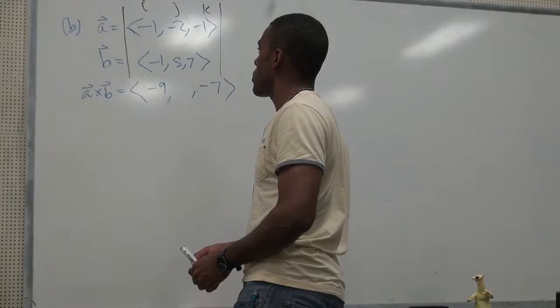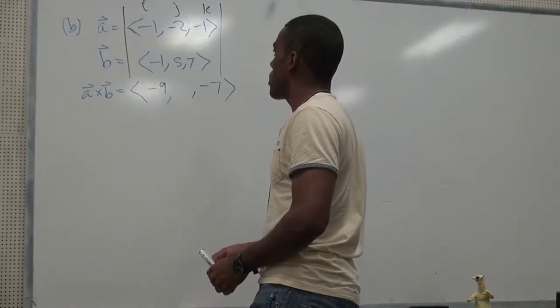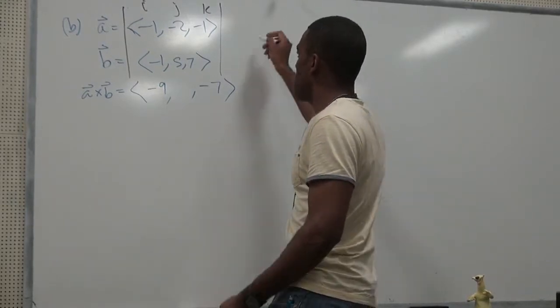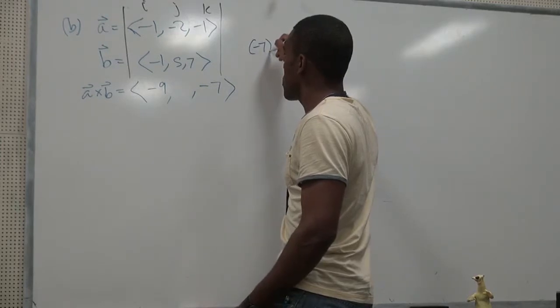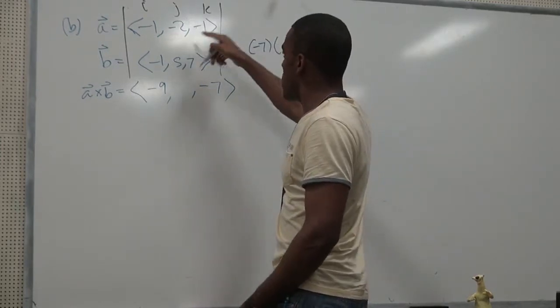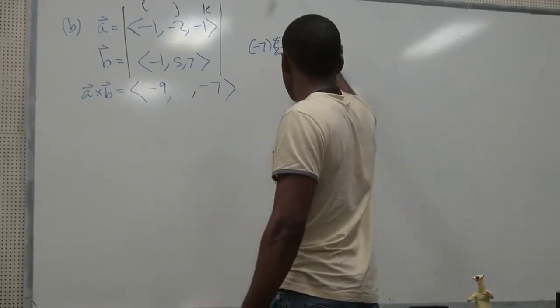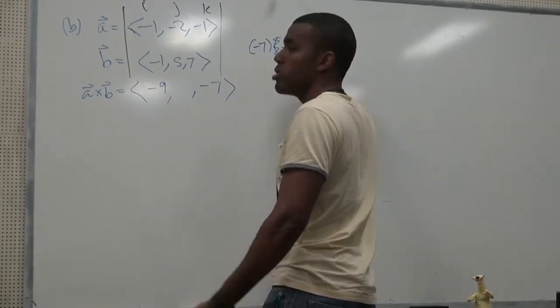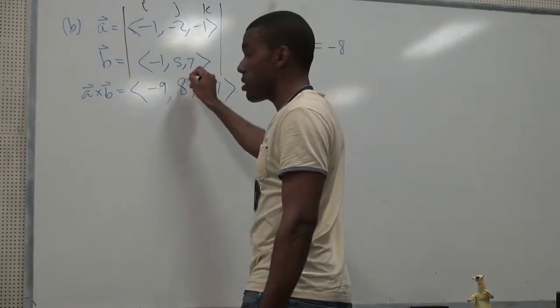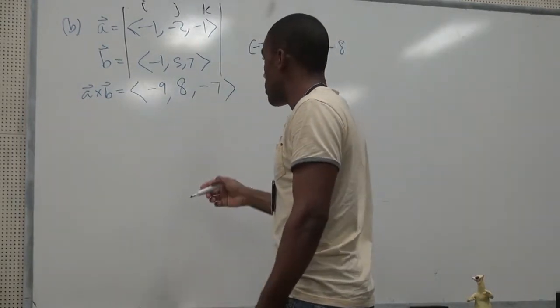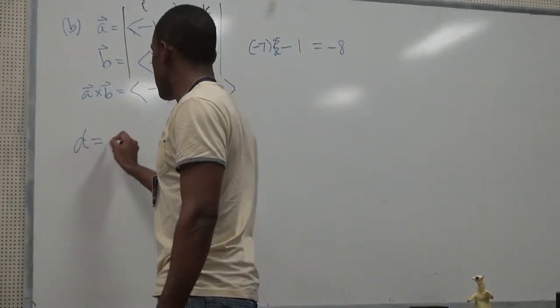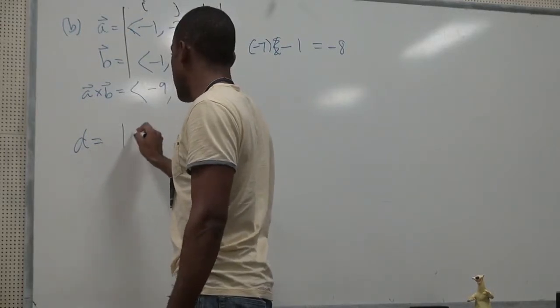Negative j, minus 7, which is 8. No, it'll be minus 7 minus 1, right? Which is minus 8. And then you switch the sign of the j. So it's positive. Oh, okay. And so now your D is just going to be the magnitude of that.